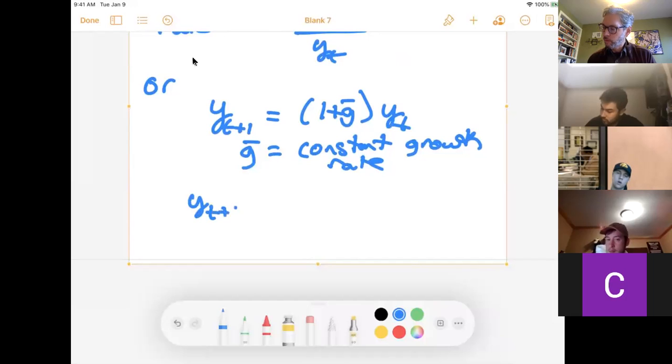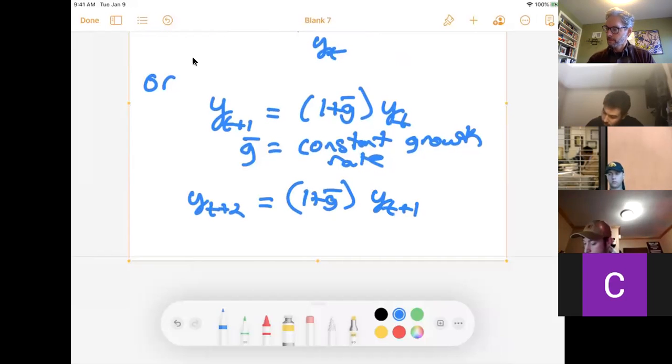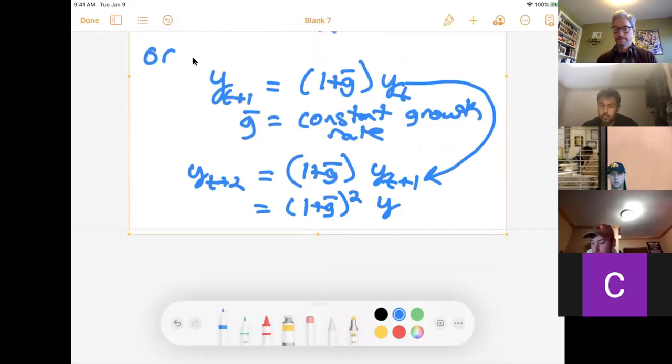What then would be output 2 periods from now? Well, it would just be 1 plus g times output 1 period from now. But we know what output 1 period from now is. We just calculated that. So if we substitute in here for Y_{t+1}, we can rewrite it like this.